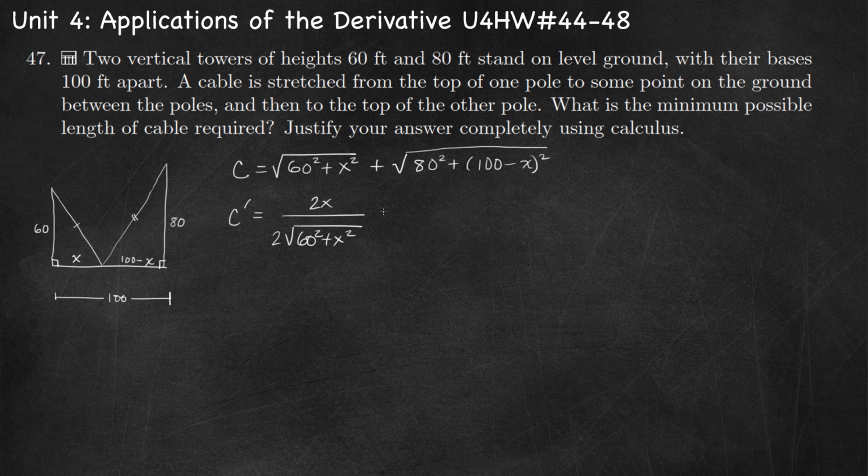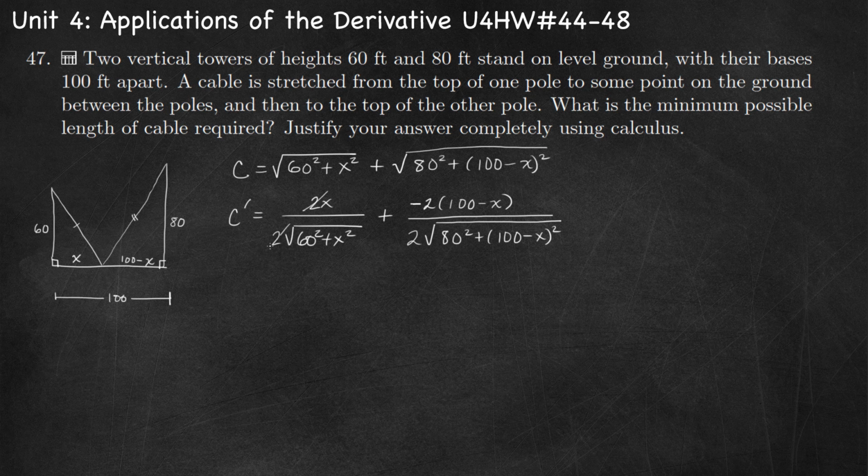plus, and then over here, same thing, we need chain rule. So it's going to be 1 over 2 times the square root of 80 squared plus (100 minus x) squared, times the derivative of the inside. Derivative of the inside is 2 times (100 minus x) times the derivative of 100 minus x, which is negative 1. So put the negative here.